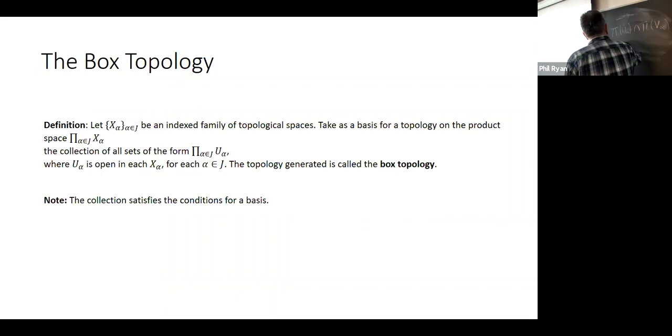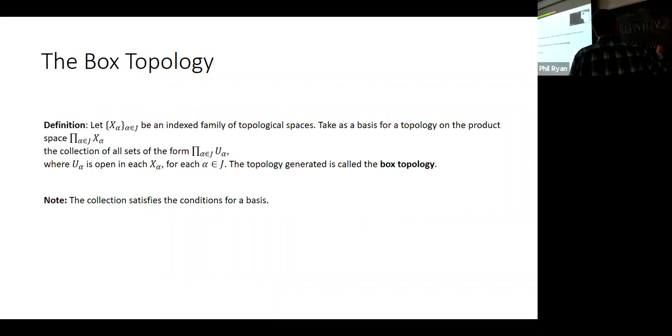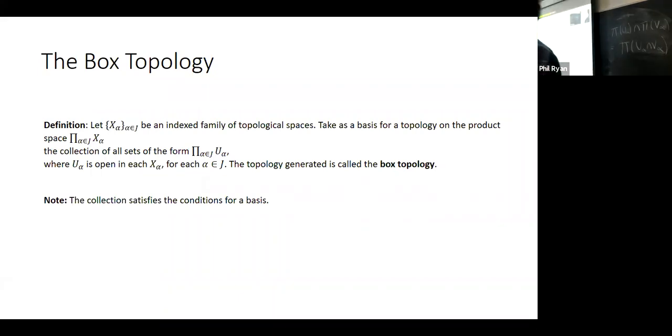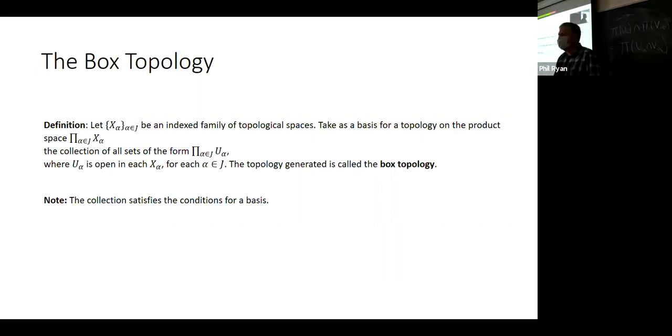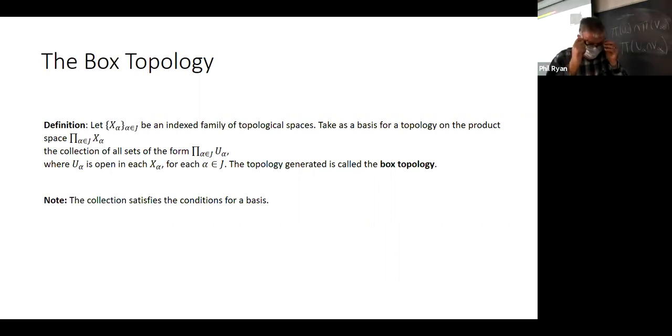Oh, that's just the product of U alpha intersected V alpha. And since the U alpha and V alphas are open, the intersection of U alpha and V alpha is open. So that's a basis element. So very trivially, this is a basis, and it gives us a topology.